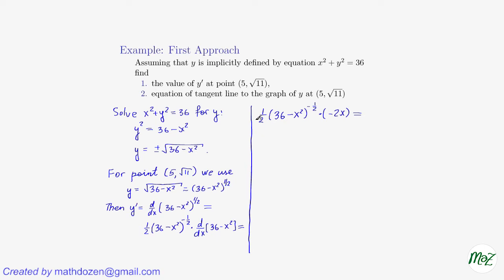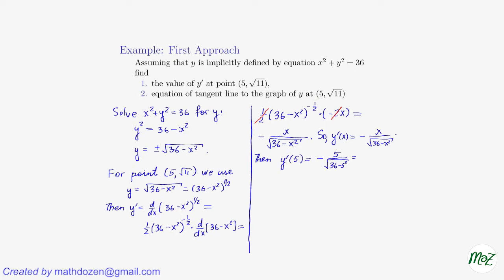If we have a good look, there is 1/2 and then there is 2, so those two things will cancel. After we clean stuff up, we'll have negative x on top, and all of that divided by square root of 36 minus x squared. So that's our formula for the derivative.